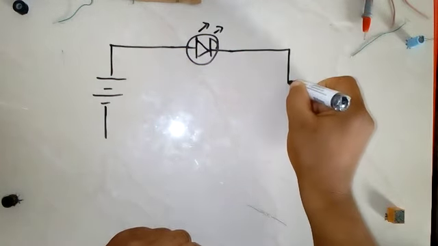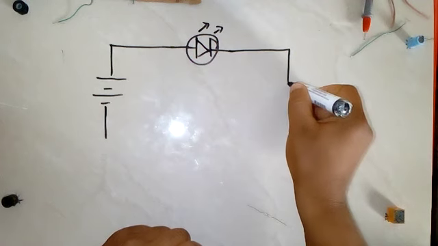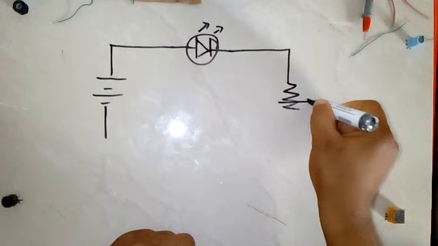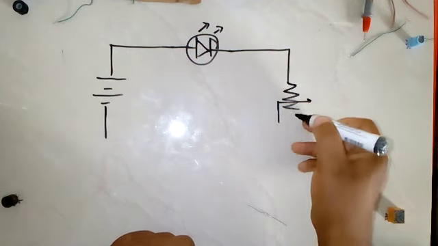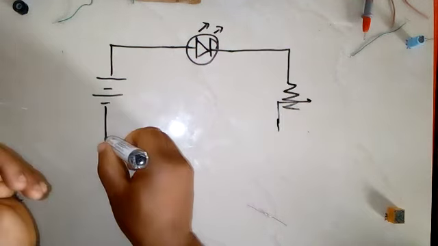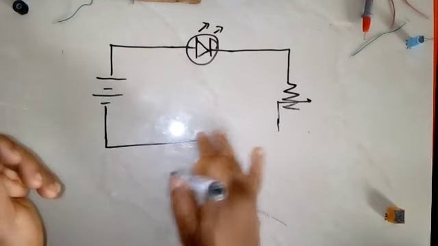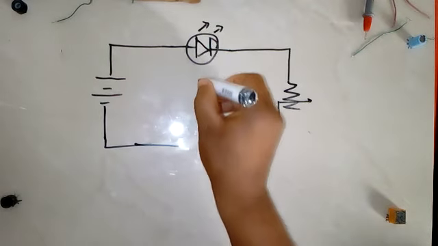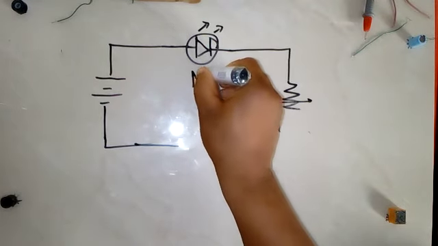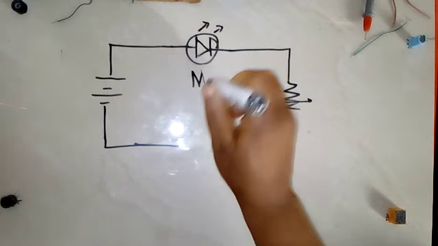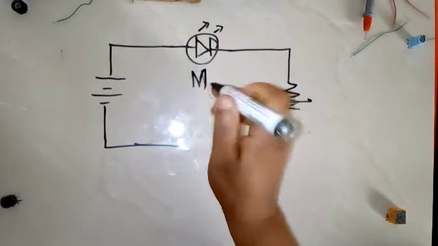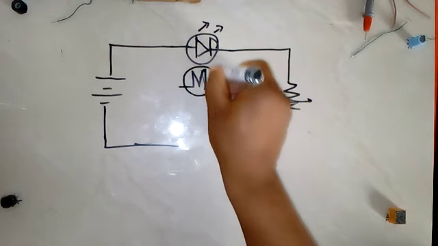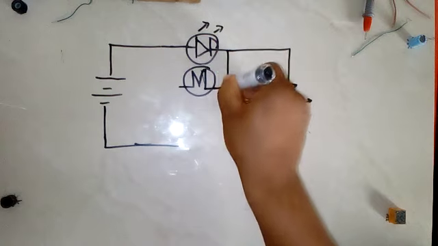And we had our variable resistor. Notice that this terminal was free. We had a motor configured in parallel with the LED. Connected in parallel this way.